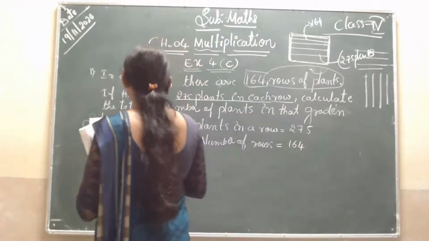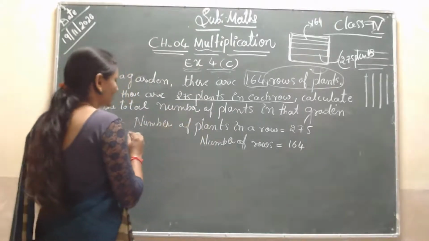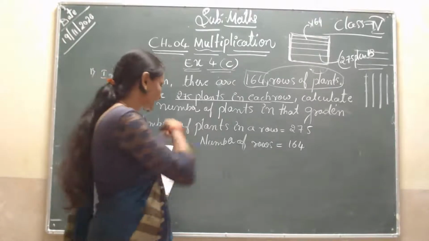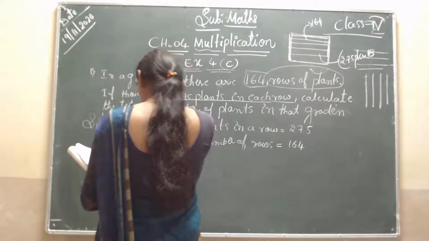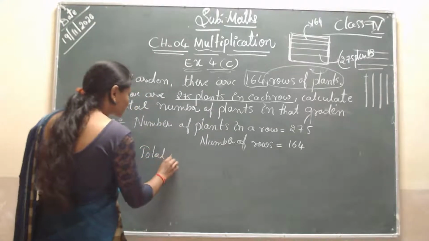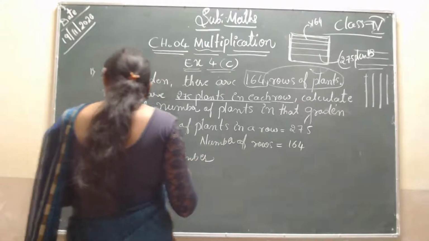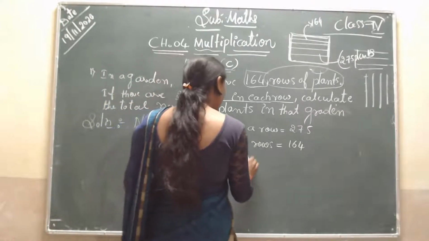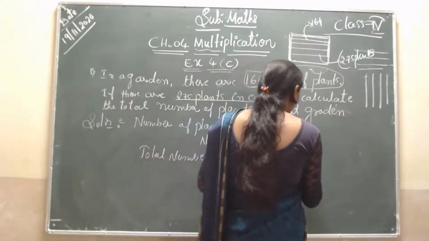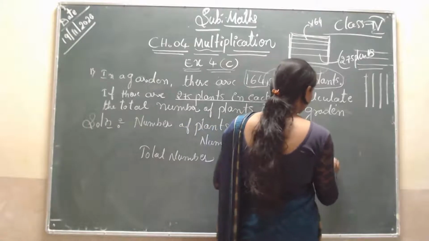The question: the total number of plants in the garden. You have to write the total number of plants in the garden.